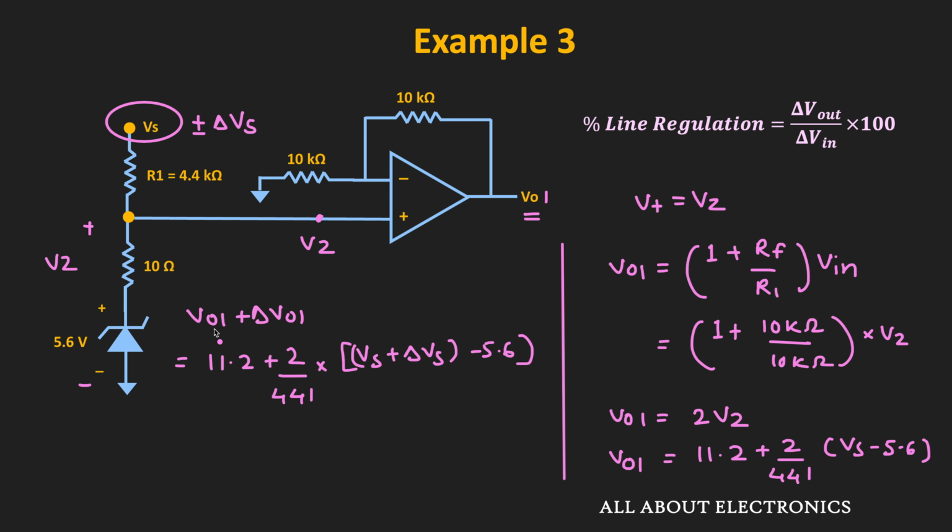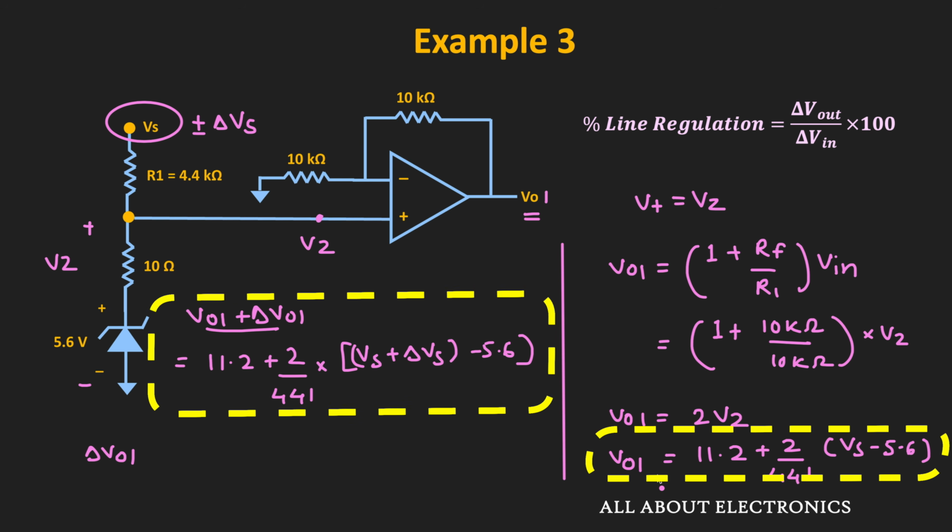So this is the value of the output voltage when the supply voltage changes by delta Vs. So if we want to find the actual change in the output voltage or this delta VO1, then we need to subtract these two equations.